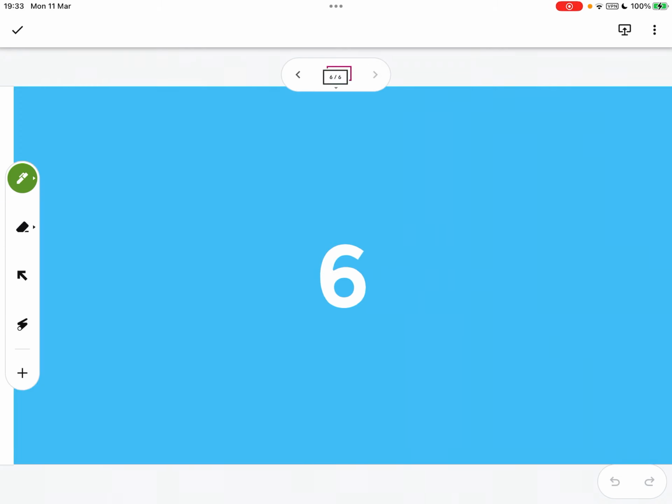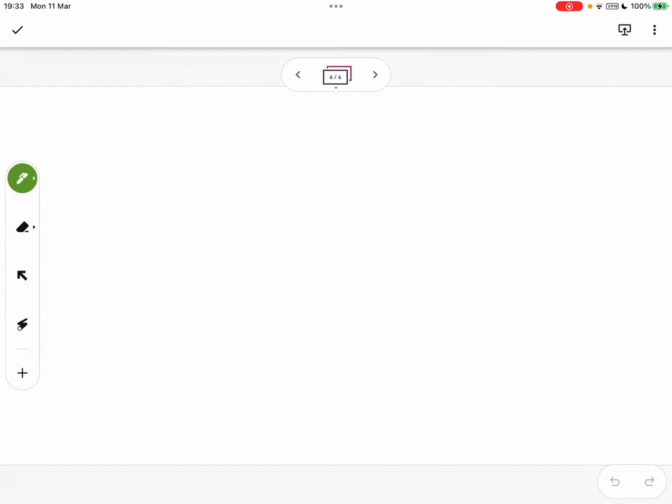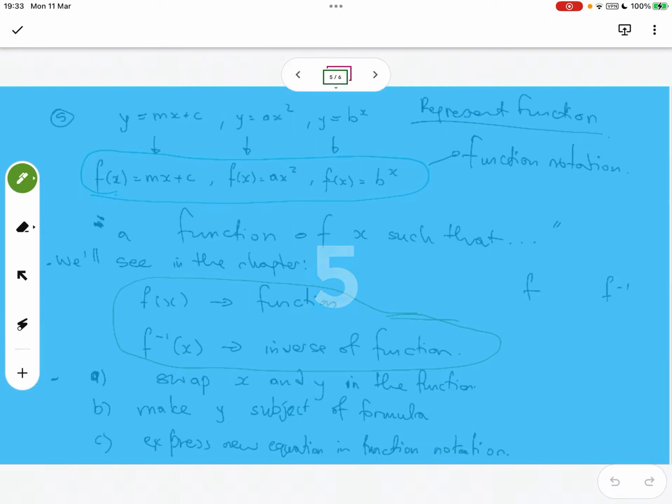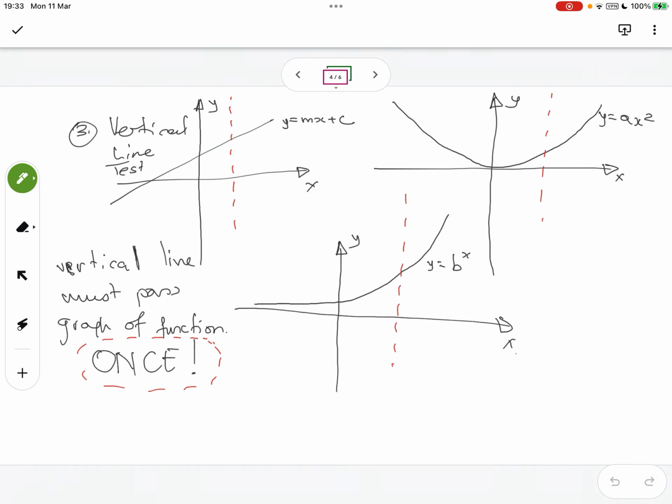Now, there's something very important. There's always a discussion that you have to give when you are analyzing functions and their inverses. And this discussion is important because it tells us about how x behaves. In other words, is it a real number?